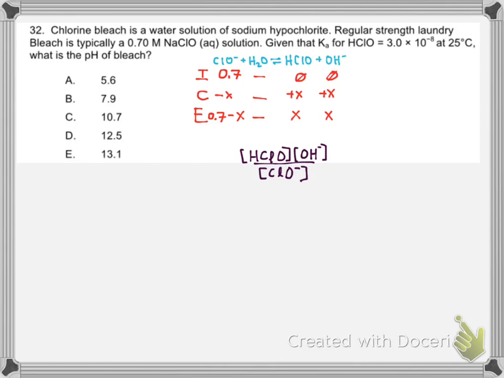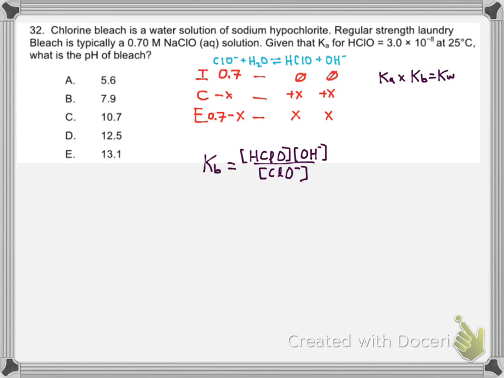Now wait a minute. Hydroxide, this isn't a Ka reaction. No, this is a Kb. This is a base hydrolysis happening here. So we're going to need to figure out the value for Kb.